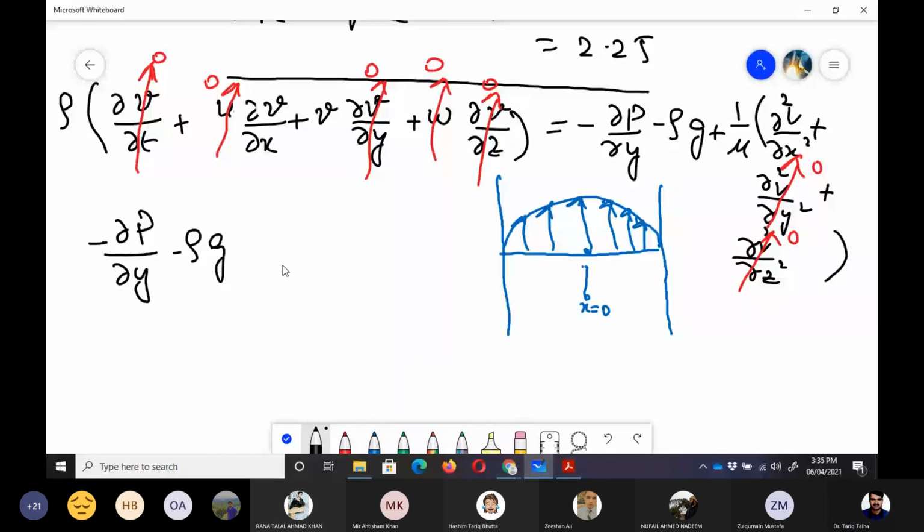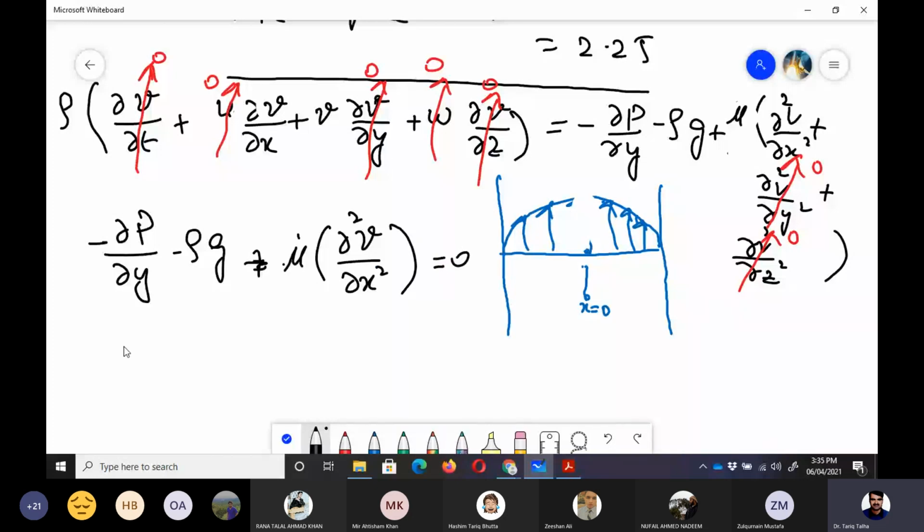is equal to, we can say, plus mu, it shouldn't be 1 upon mu, it should be mu, into partial square v upon partial x square, so that is equal to 0.